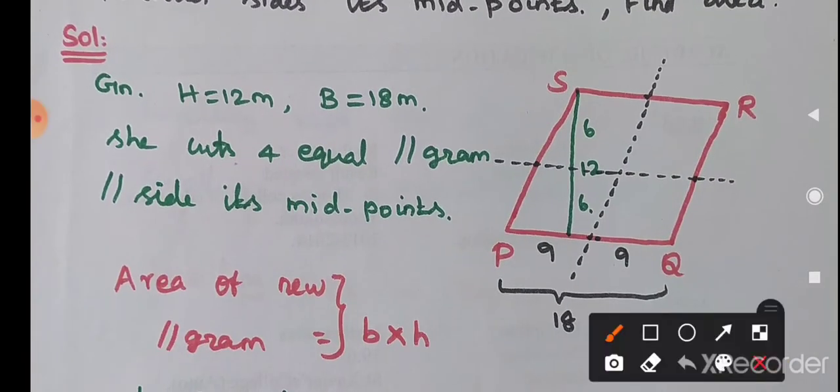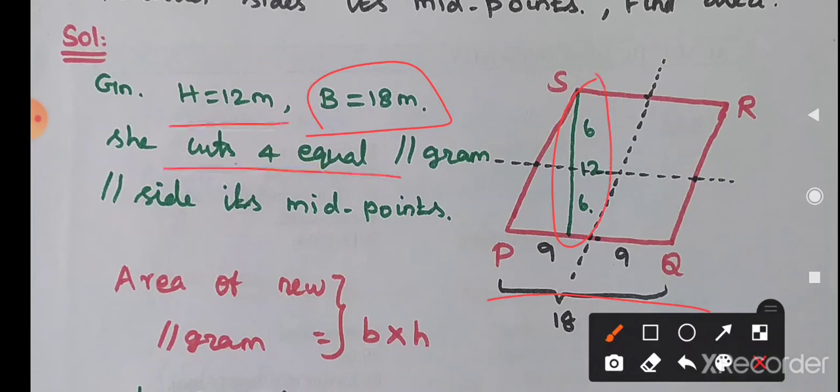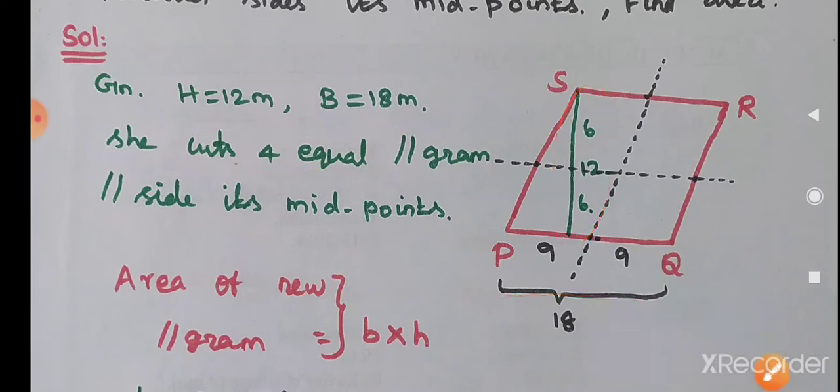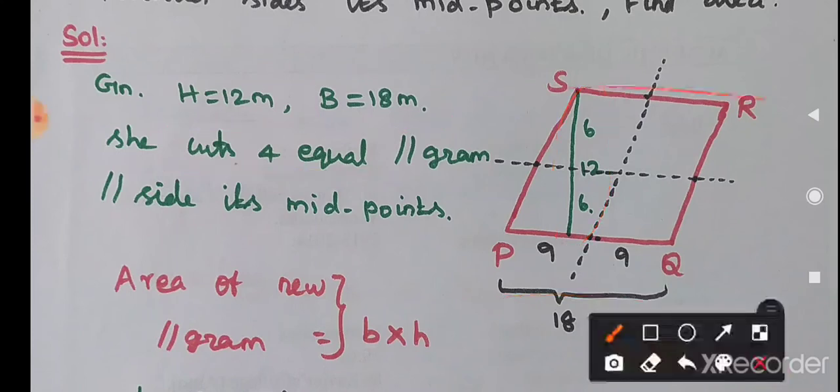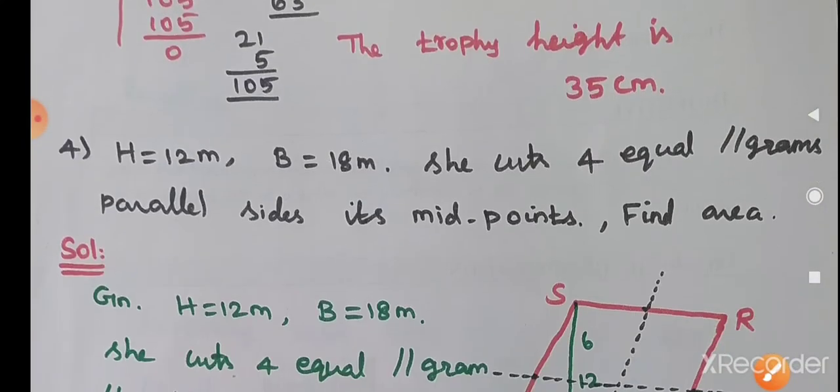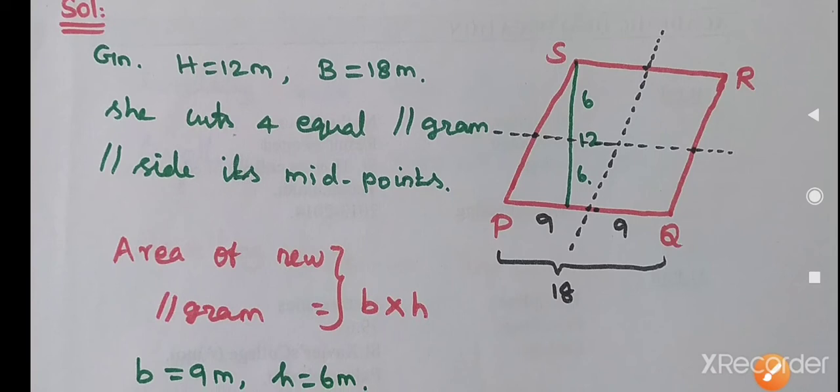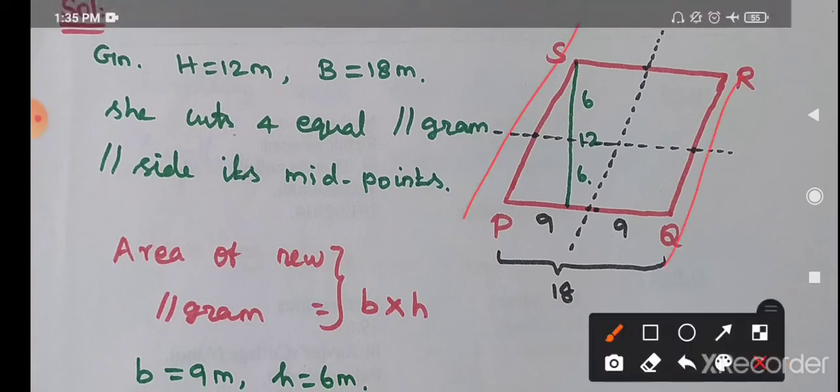This is base. Base is 18. And this is height. Height is 12 meter. We have to cut equal parts. She cuts the 4 equal parts by the parallel sides. This is a parallel side, and this is also a parallel side.